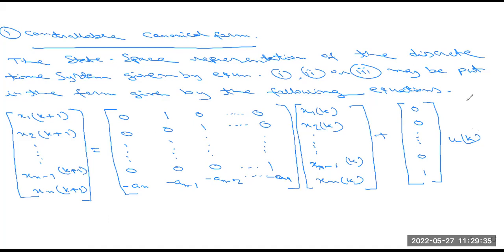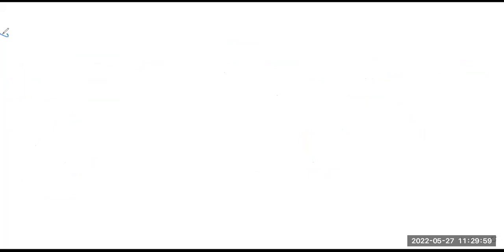So this is basically another equation we have to write here. This is equation number 4. This is for the state, that is x1, x2 up to xn, a multiple variable. Another one we have to express is the output, that is y of k.